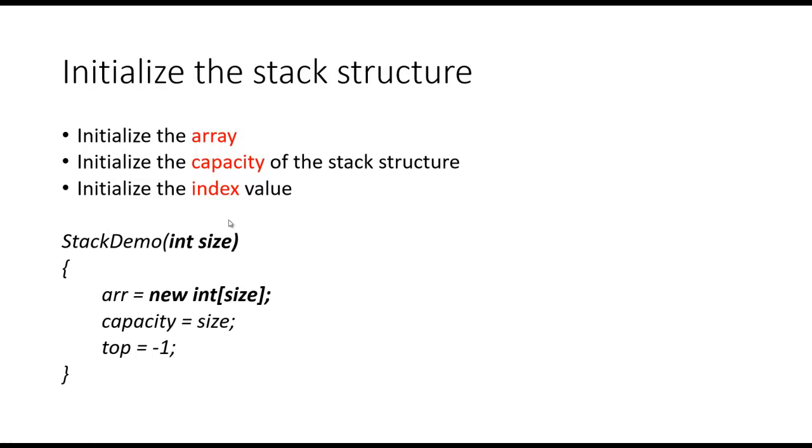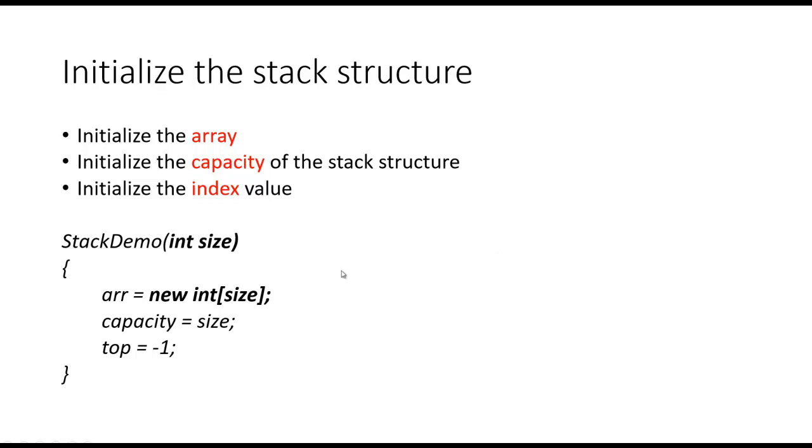Suppose there is an array and we put an element at the 0th index, then this index will hold the value 0. Again, when we put another element into the stack, it will go at the first index. So this index is nothing but the position of the elements we are putting into that stack data structure.